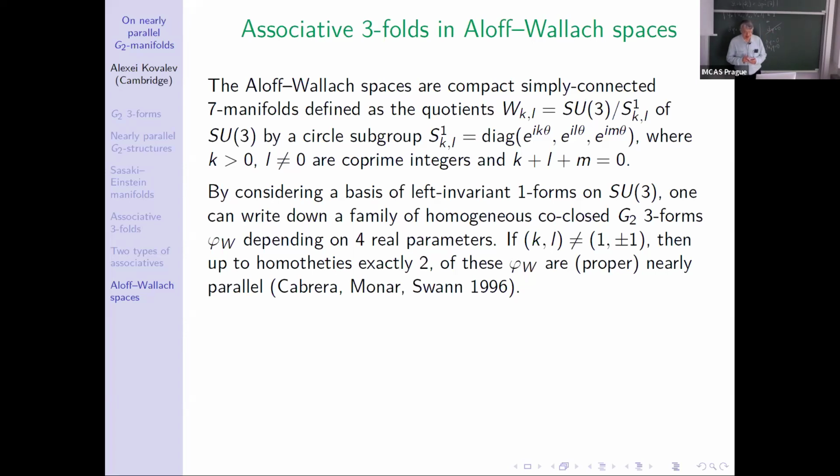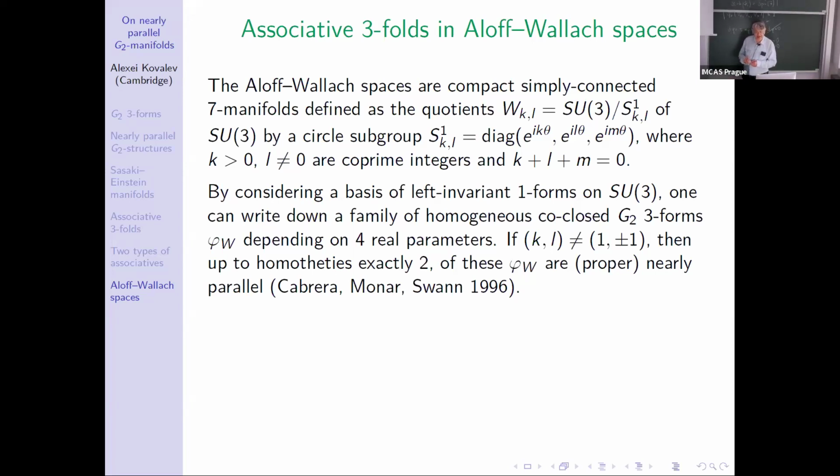We get 7 well-defined forms on the quotient. And we use that to write down the family of homogeneous co-closed G2 3-forms, depending on 4 real parameters. So then there is an equation on these parameters to make sure that the G2 3-form is nearly parallel.